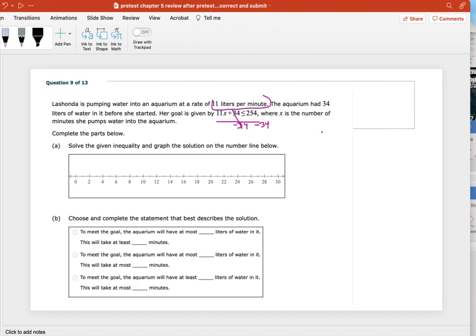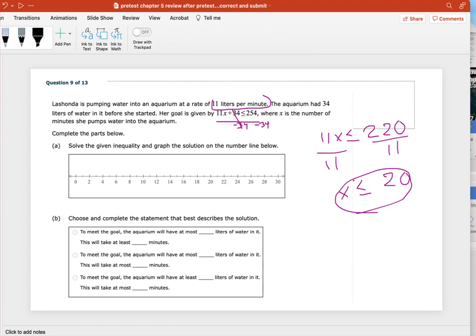We have 11x, and then we have less than or equal to 254 minus 34 is 220. Oh, nice numbers. Because we're going to divide this one by 11. We're going to divide this one by 11. And we're going to get x is less than or equal to 20. Okay, so there's our answer.